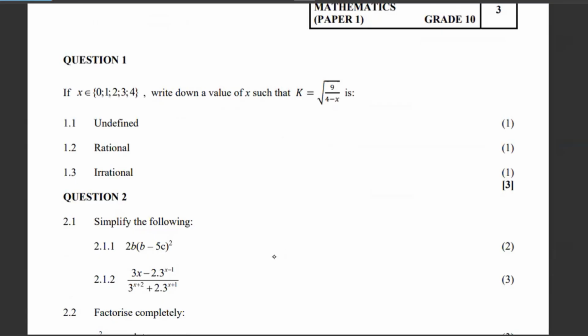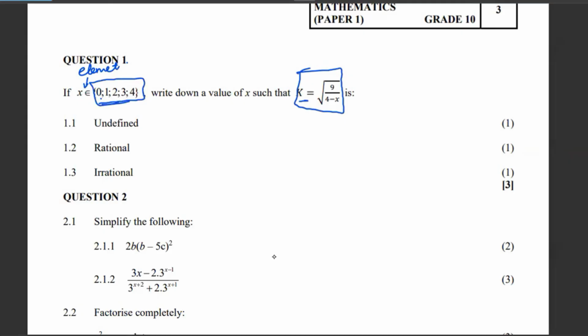Now they are telling us that X is an element, that ∈ means an element of a set. X is in the set {0, 1, 2, 3, 4}. Write down a value of X such that the expression is undefined, rational, irrational. In other words, we must choose the answers from this set.